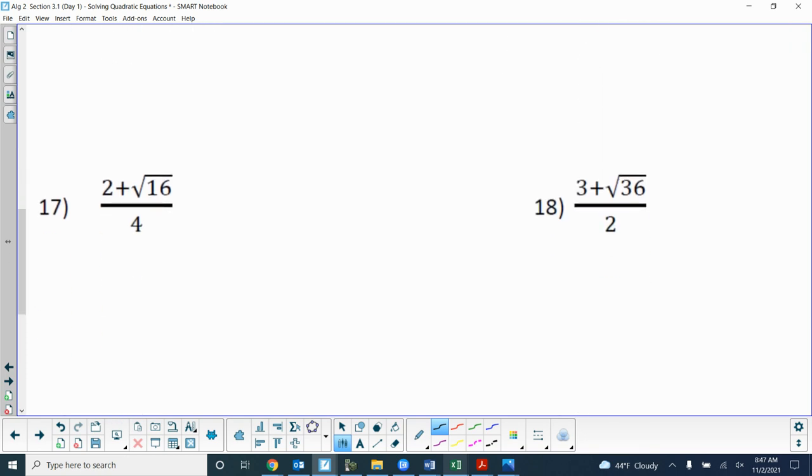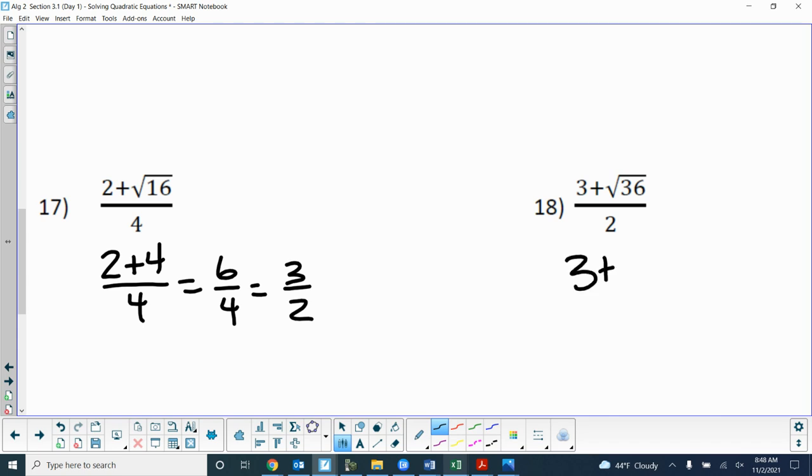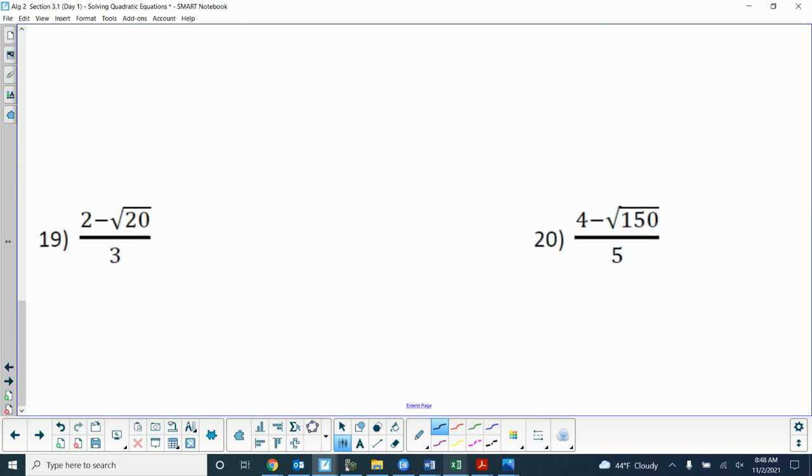All right, this one, what's the square root of 16? 4. What's 2 plus 4? 6. 6 fourths reduces to 3 halves, right? What's the square root of 36? 6. So you get 9 halves. Okay? And then the last two, that's a 4 times 5.